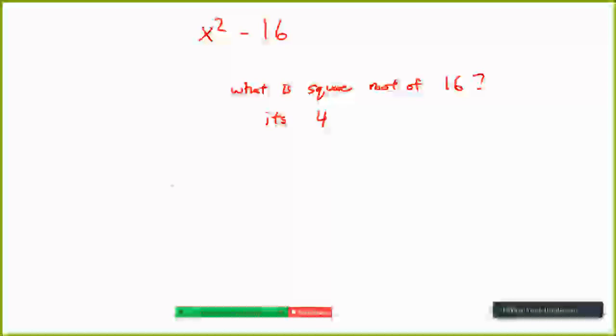So we can factor it like this: x plus 4 times x minus 4. So if we have a difference of squares, then it's always going to turn into x plus the square root times x minus the square root of whatever the c number was that we had above.